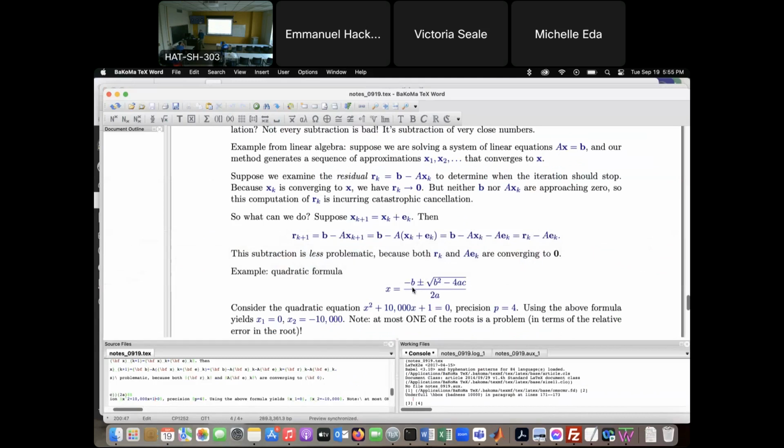Because that could be a difficult subtraction with cancellation, the quadratic formula that you know is safe for only one of the roots.